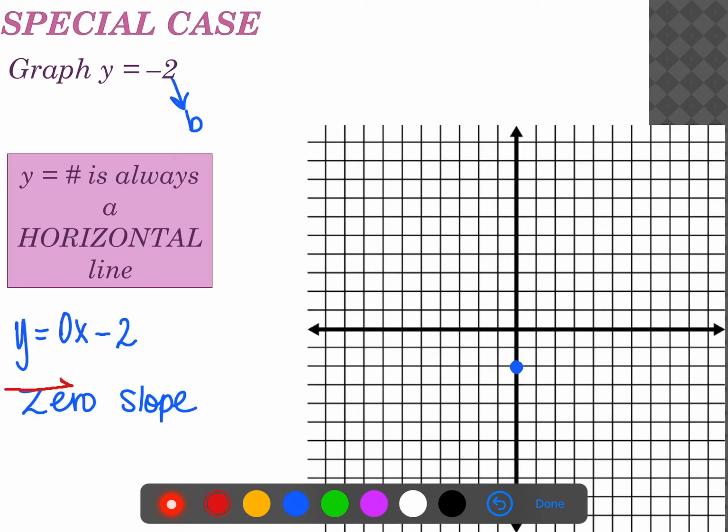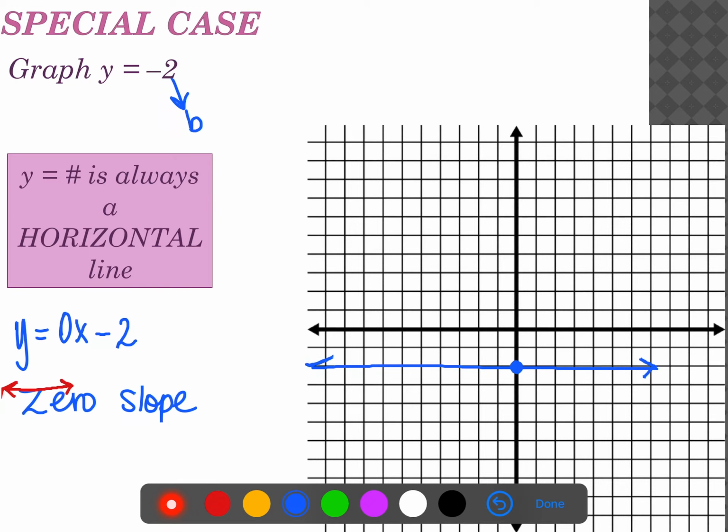Okay, and a trick here to remember: anytime that we have an equation that is y equals a number and there's a 0 slope, this is going to be a horizontal line.